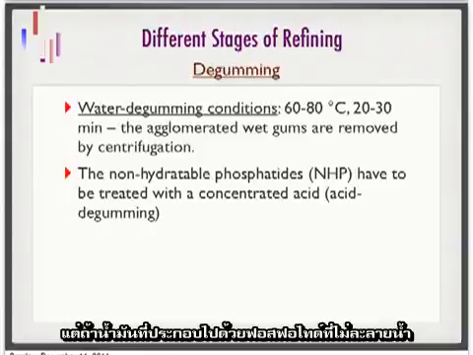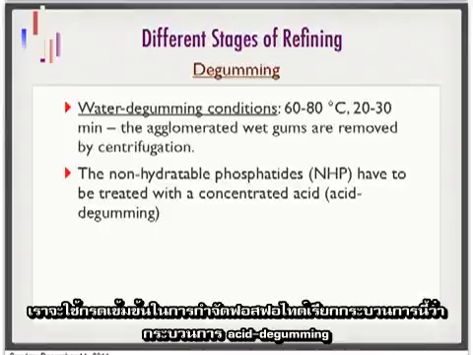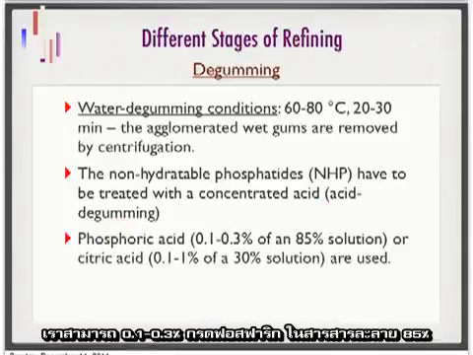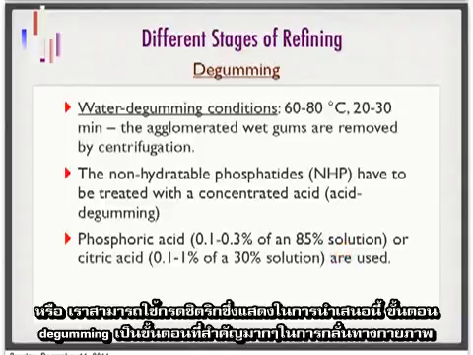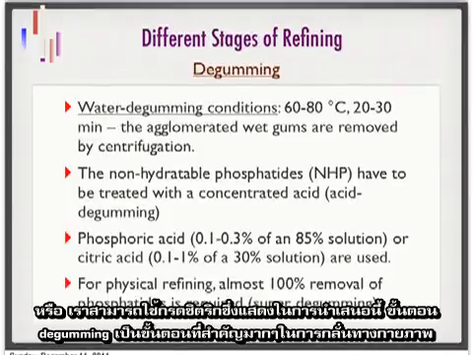But if the oil contains non-hydratable phosphatides, we have to use a concentrated acid to remove the phosphatides, and this process is called acid degumming. So we can use phosphoric acid between 0.1 to 0.3% of the 85% solution, or we can use citric acid with this concentration. The degumming step is especially very important in physical refining.